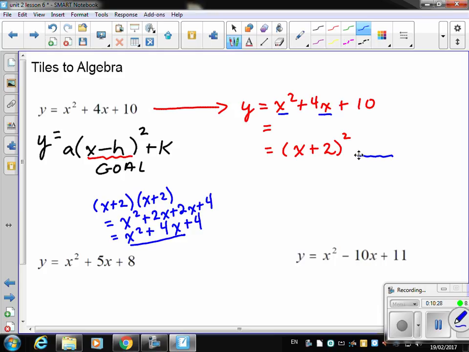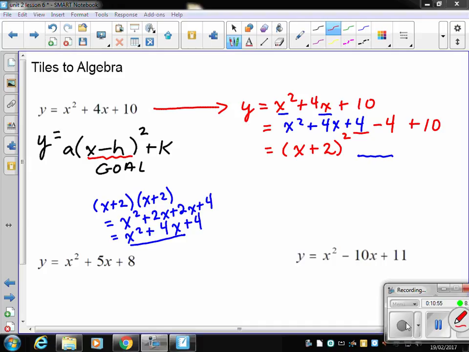So what I'm going to do is take my (x plus 2) squared and write what it actually is right above it. So I did FOIL and wrote it in there. And then I said, well, golly, I don't really want that 4. I'm going to get rid of it at the same time. Don't forget we used to have add 10. So I wrote in the 4, and then I subtracted it.